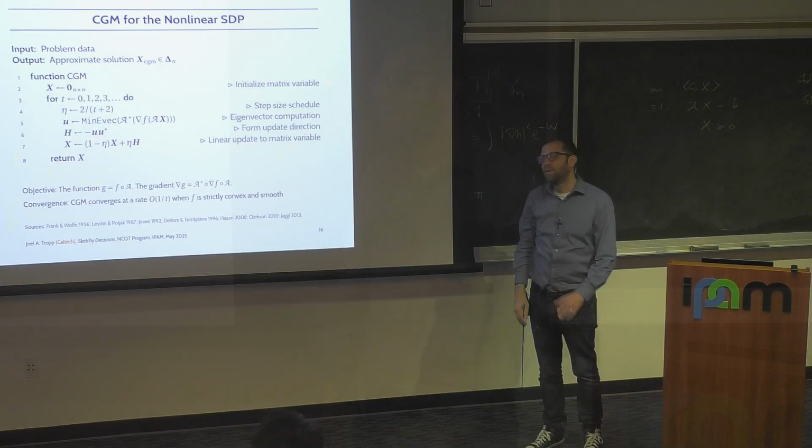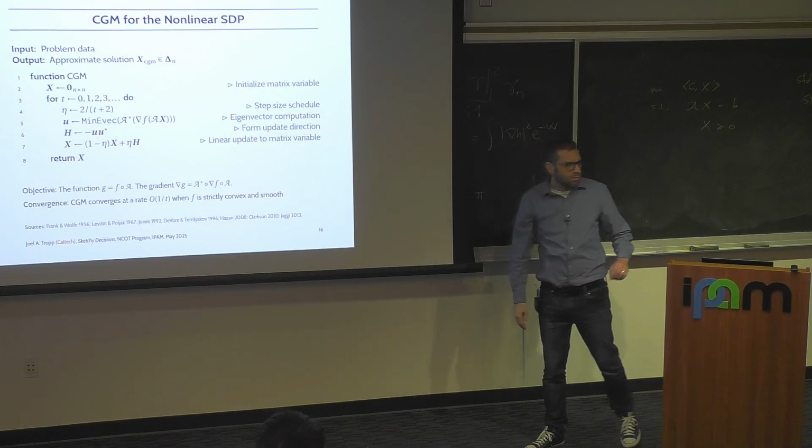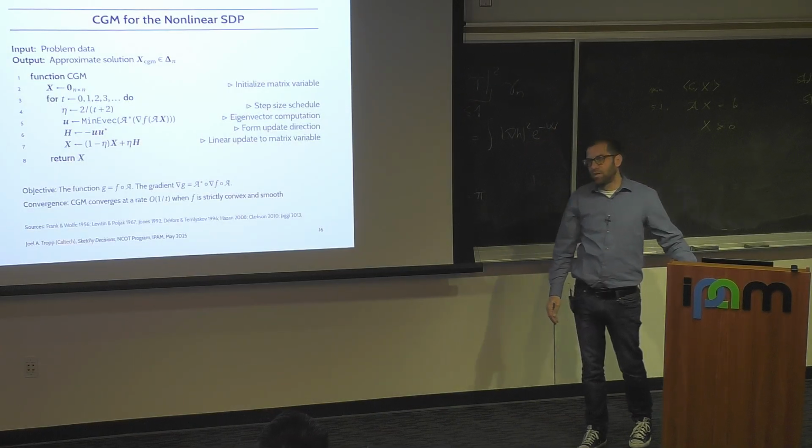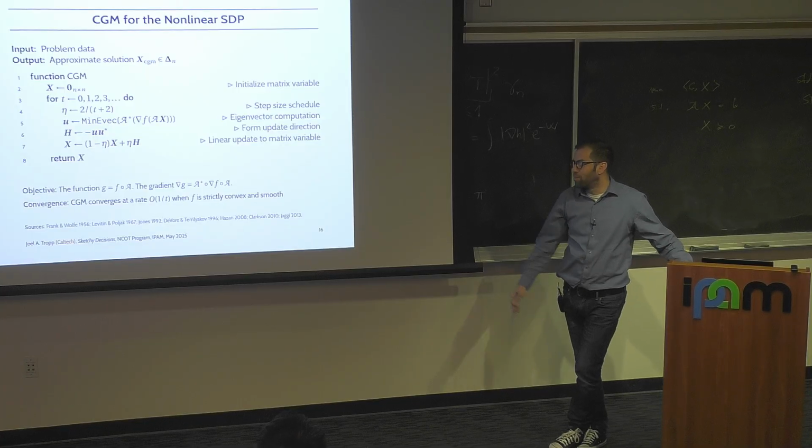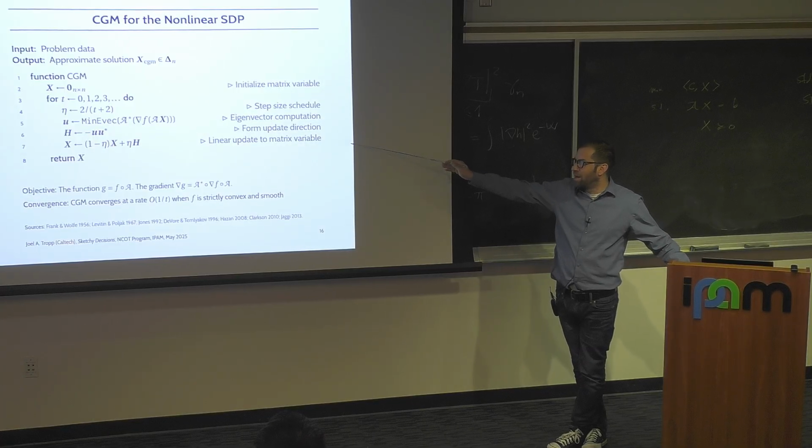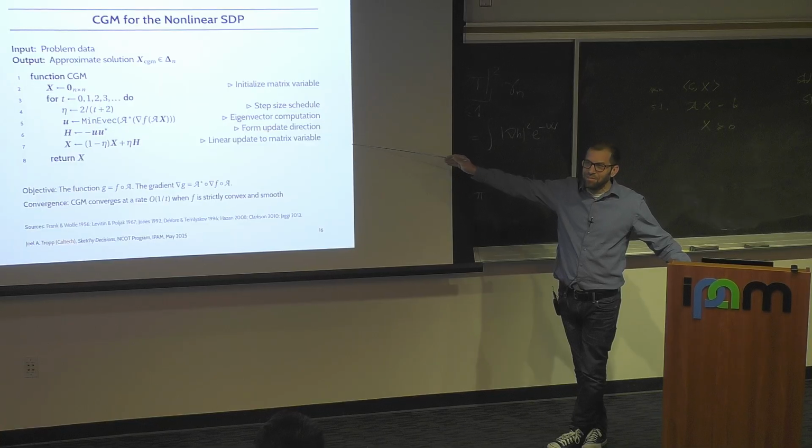The rank goes up at every step. That's the problem. You can see that X has rank t at iteration t. Sad.